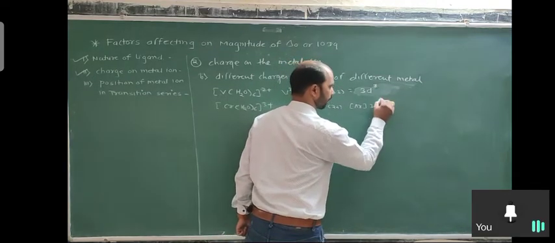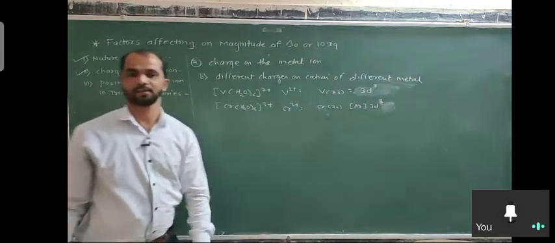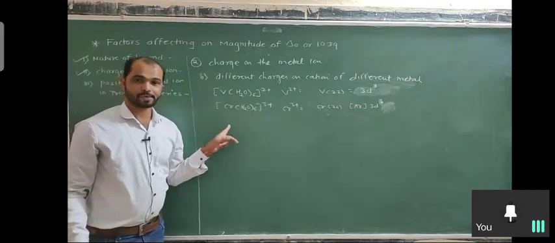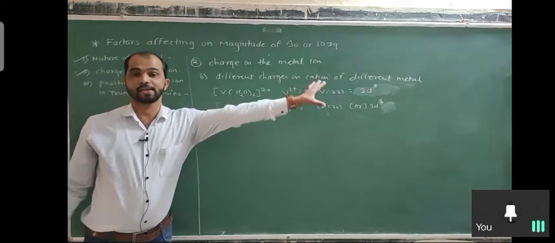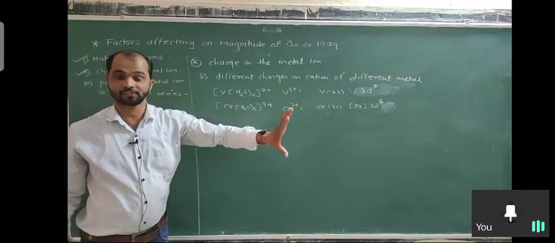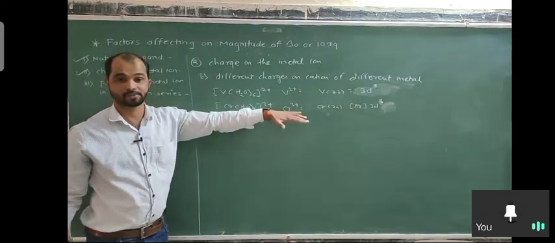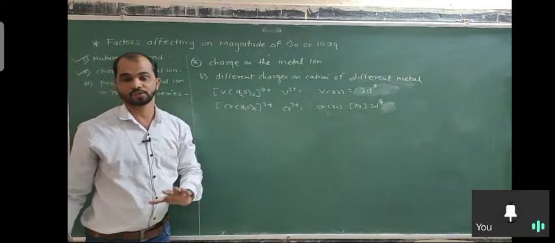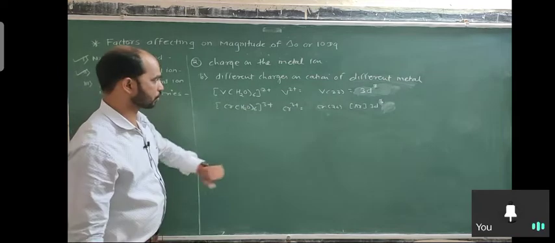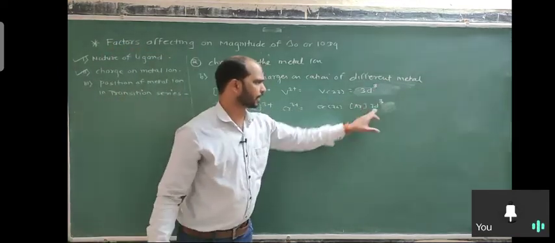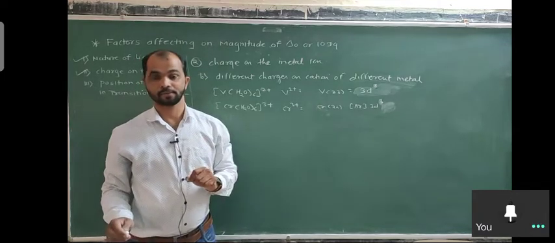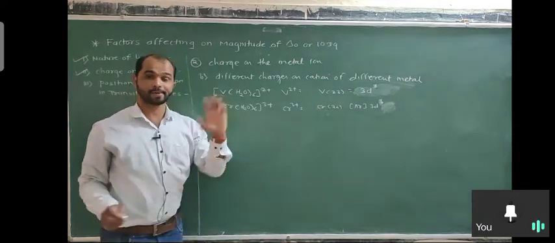So what remains? 3d3. So the condition to be considered is different metals with different charges but the same electronic configuration. Which electronic configuration? Same system. Same system means the d orbital has the same number of electrons. So here 3d3, 3d3 means both have the same number of electrons in the d orbital, but the charges and the metal ion are different.